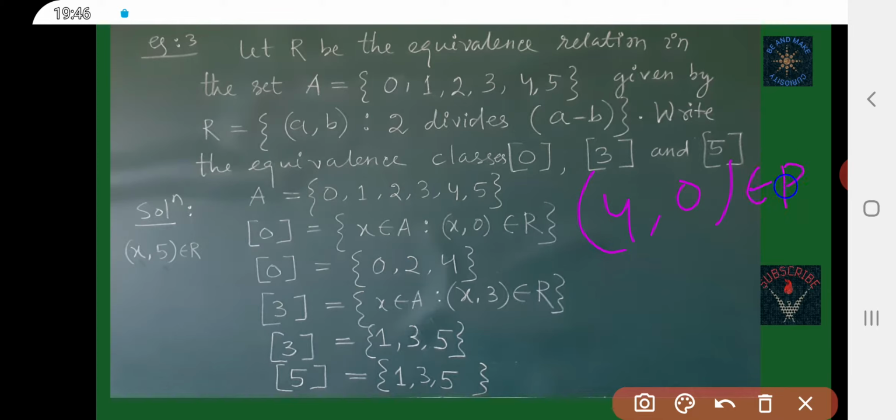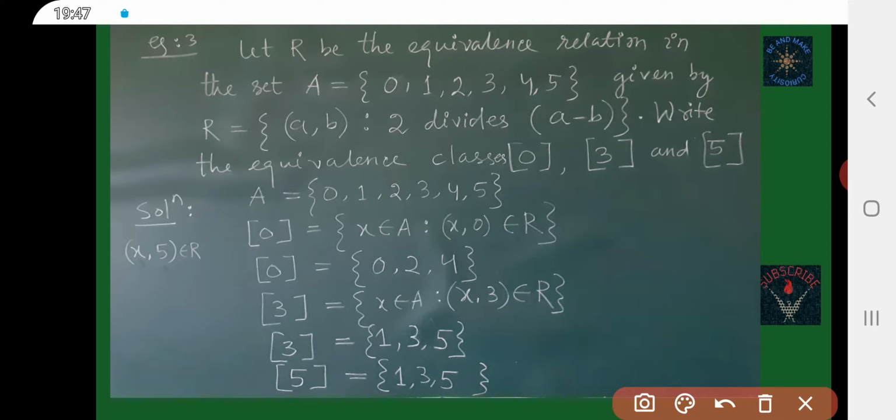This belongs to R, because 4 minus 0 is equal to 4, which is divisible by 2. So here 4 also. Any other element? 5 minus 0 is 5, which is not divisible by 2. So (5, 0) does not belong to relation R. So we cannot take 5.